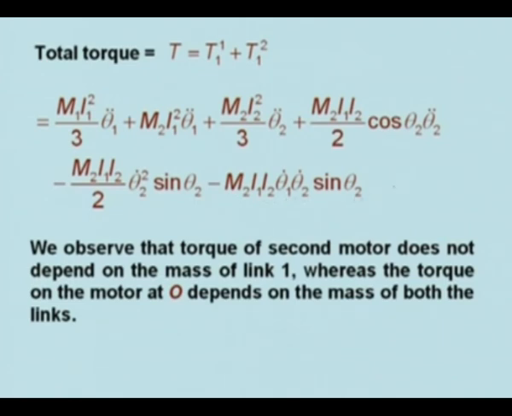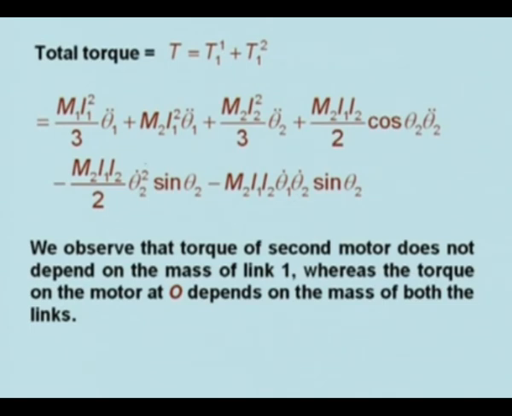So we see that the torque required is influenced by both the motors, and we get equations which contain square terms also, non-linear terms. We have theta 2 dot square and all these things.